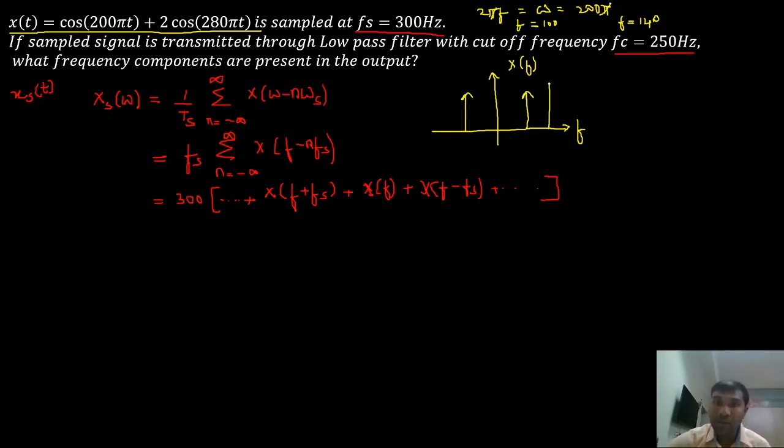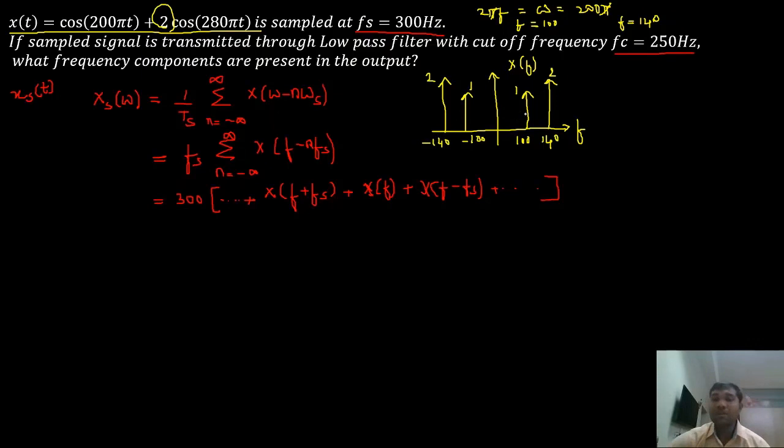Similarly at 140 I have an impulse with an amplitude 2. This is 2, this is 2, this is 1, and this is 1. This is at 100, this is at 140, this is at negative 100, this is at negative 140.